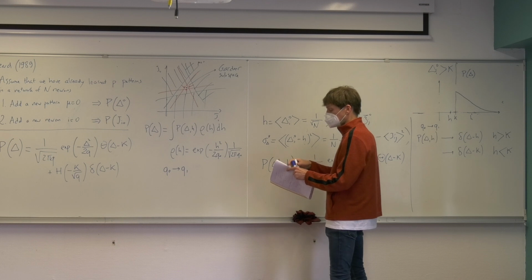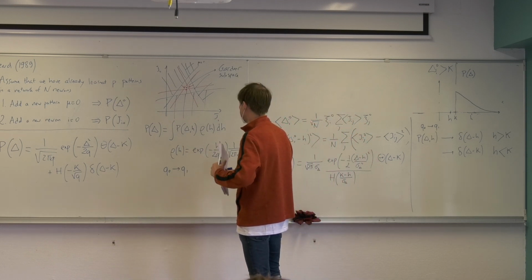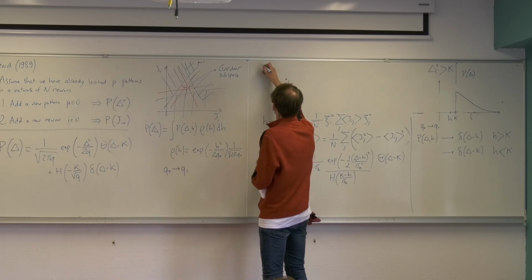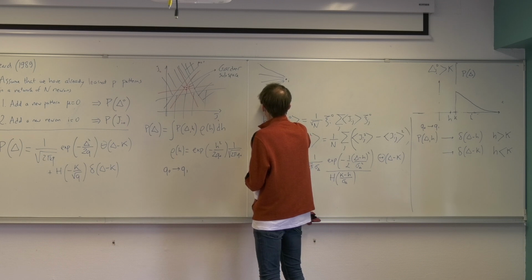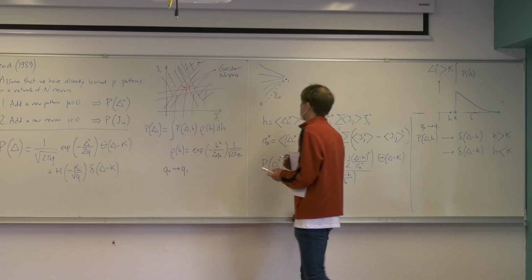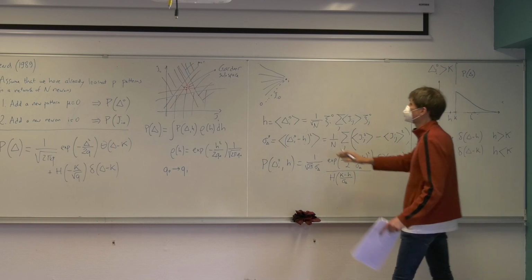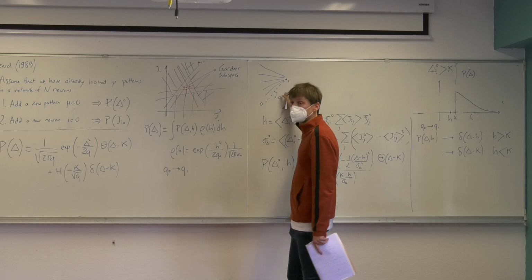Let's add a new coupling. We have our neuron I, and we already have these n couplings, and then we are adding a new one, at index 0. So there is this new coupling JI0, and this coupling will induce a change in the stabilities.